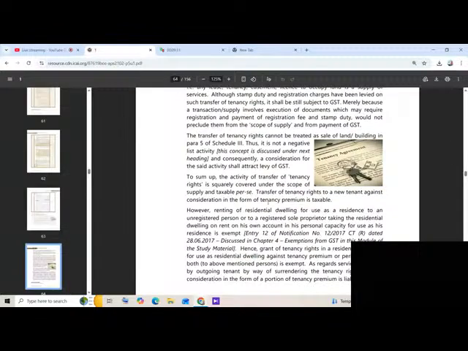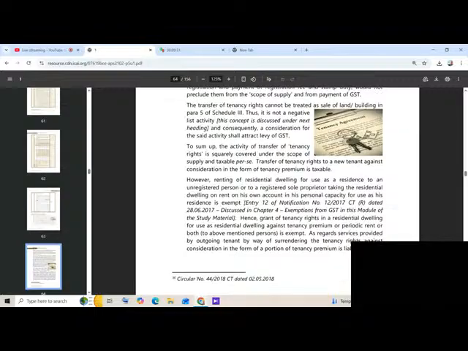The transfer of tenancy rights cannot be treated as sale of land, building, in para 5 of schedule 3. Thus it is not a negative list activity, and consequently a consideration for the said activity shall attract levy of GST. To sum up, the activity of transfer of tenancy rights is squarely covered under the scope of supply and taxable per se.